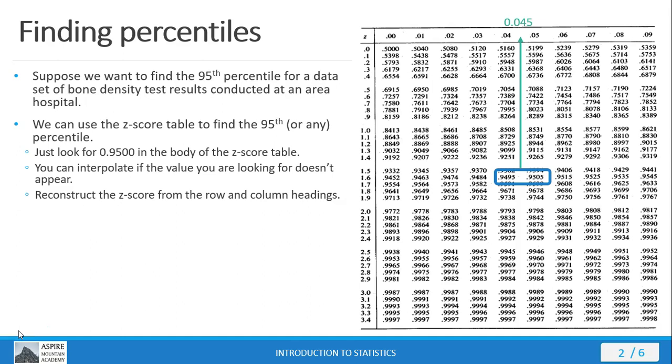So 0.045 is directly in between 0.04 and 0.05. This gives us the second part for our z-score. We then add it to the first part, which we get from the side for that row of interest. And that gives us the z-score that we need. So we add those two parts together, and that gives us 1.645. This is the z-score that corresponds with the 95th percentile.